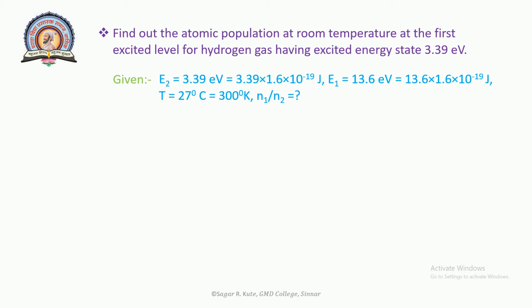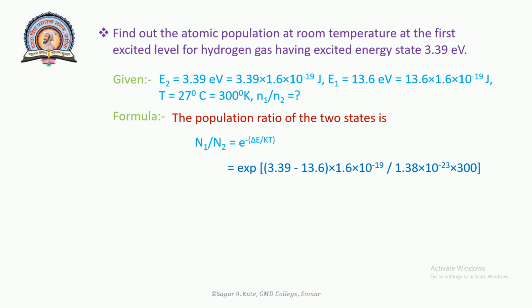Now calculate N1 upon N2. Formula: the population ratio of two states, N1 upon N2, is equal to e raised to delta E upon KT.